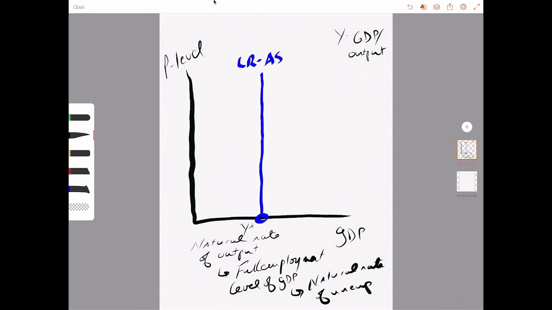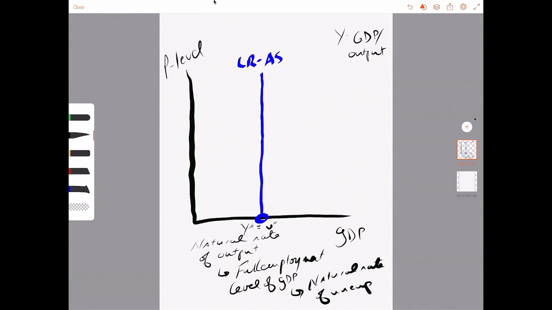So we call this Y star, and Y star is equal to small letter U star, and that U star is the natural rate of unemployment. So this is what long run aggregate supply looks like. And there really isn't much more to talk about in terms of the graph. The curve can move, but it's not going to move a lot. It's going to take a long time for it to move.